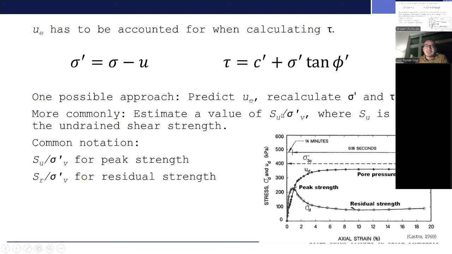And here we typically distinguish between two types of undrained strength. One would be the peak value shown over here in the graph, and the other one would be the residual strength. My colleagues already discussed how one may go about estimating the values of these ratios.